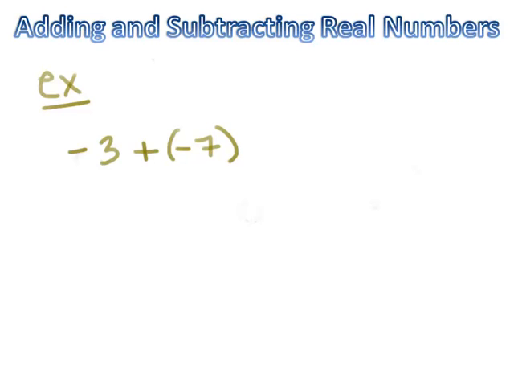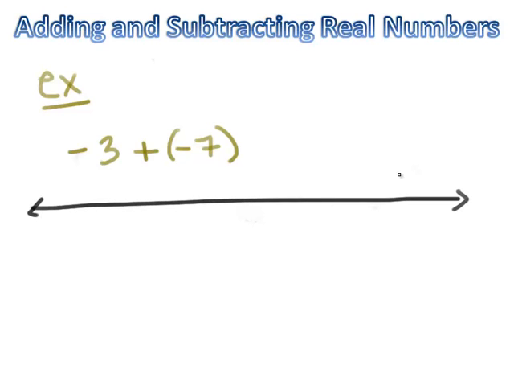Again, we'll draw a number line, and we'll make 0 somewhere over here, and we have to indicate where. So 1, 2, 3, -3 is, and you are going more negative, so you're going in this direction, right? You're going in this direction here because it's a plus -7.